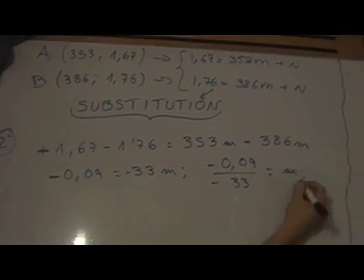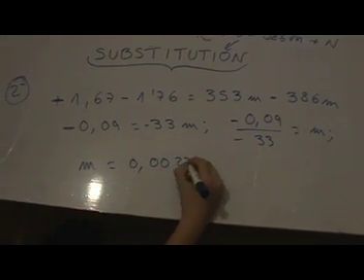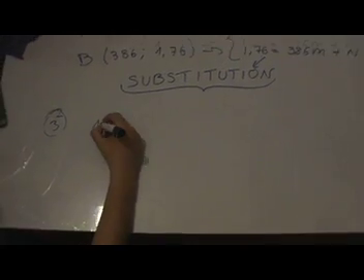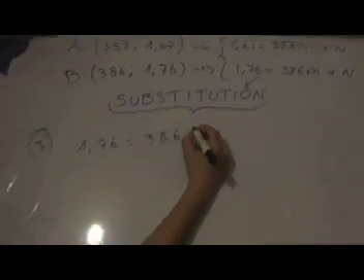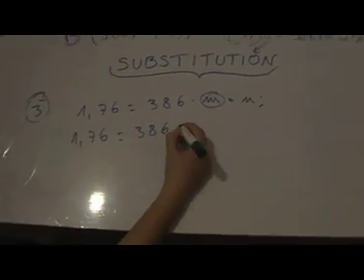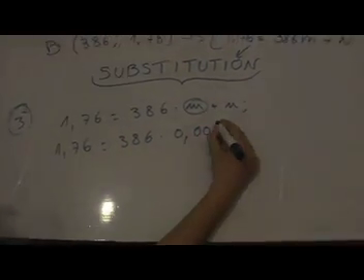And the m is equal to 0.00 periodic 27. Finally, we have to substitute the m in an equation whose n is isolated and then calculate the value of n. We'll obtain the n.